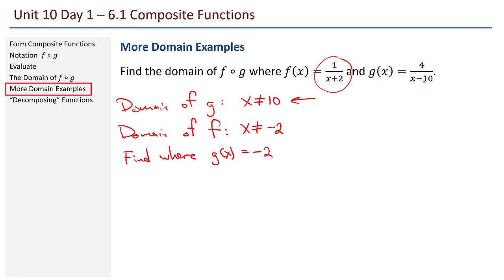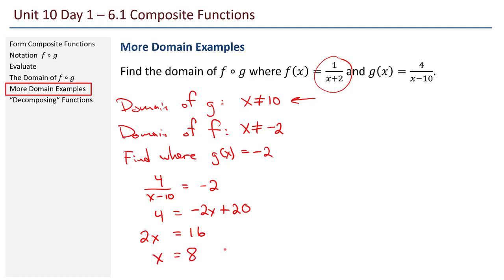Okay, so I'll set my g of x, which is 4 over x minus 10, equal to negative 2. Multiply both sides by x minus 10. 4 equals negative 2x plus 20. Let's pull the negative 2x over to the left, so I get a positive 2x on the left. And if I subtract 4 from both sides, I get 16, and this gives me x equals 8.